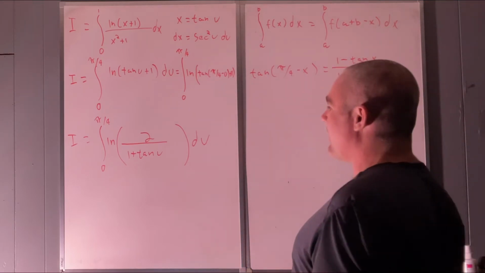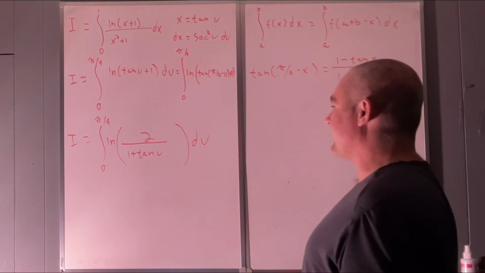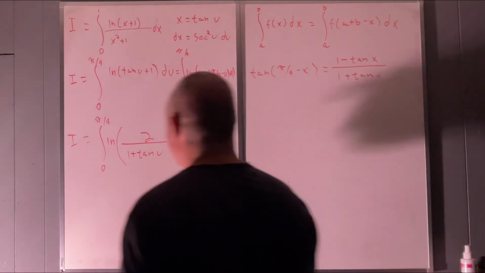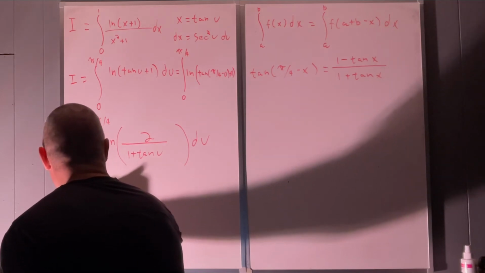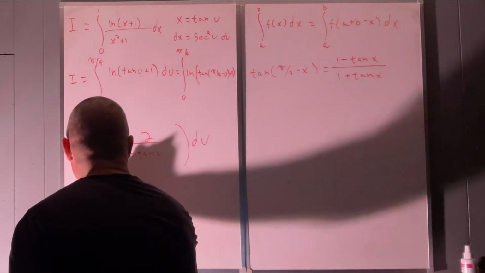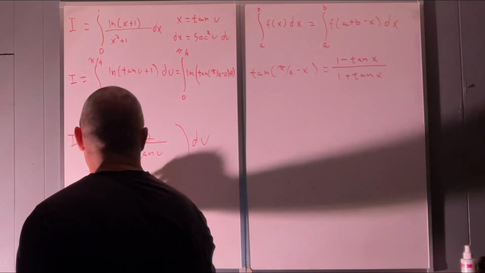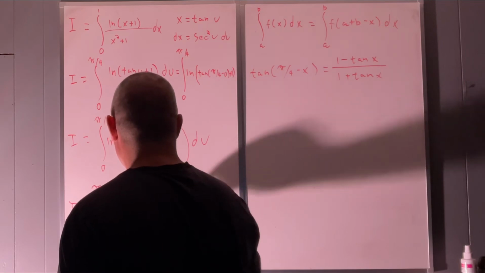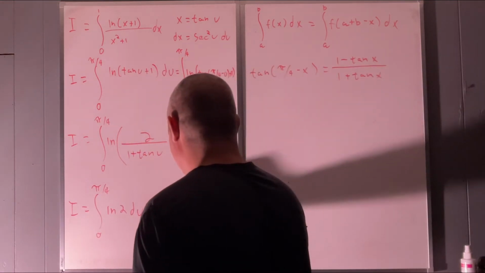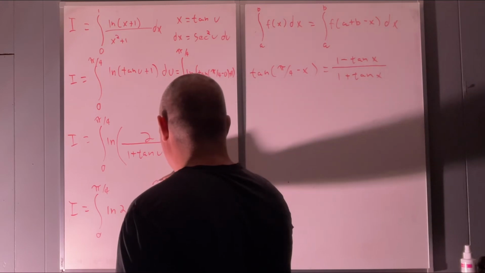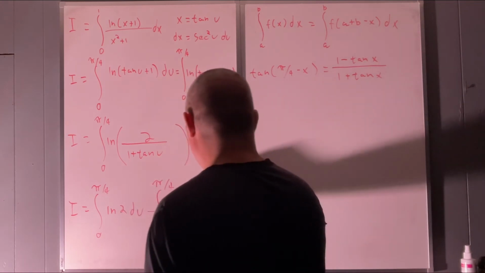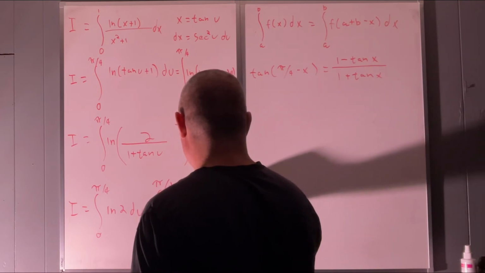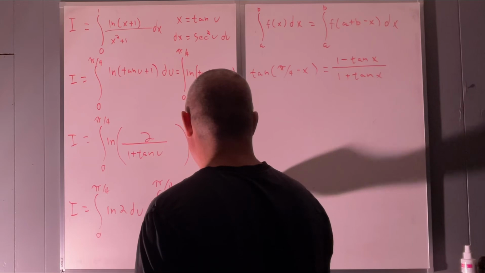All right, let's use the properties of logarithms to split that up, because we know this is going to be the natural log of 2 minus the natural log of 1 plus tangent u. So I is now equal to the integral from 0 to pi over 4 times the natural log of 2 du minus the integral from 0 to pi over 4 of the natural log of 1 plus tangent u du.